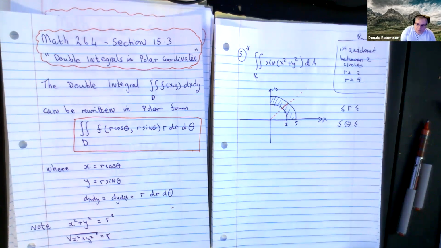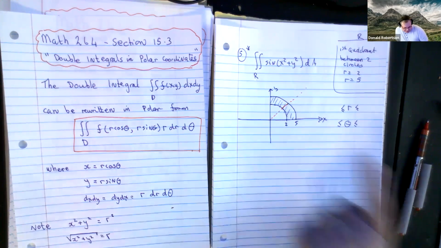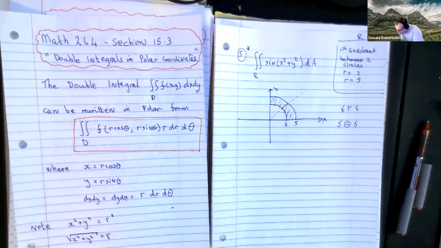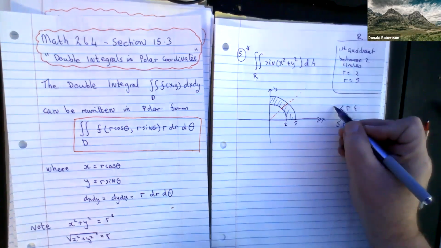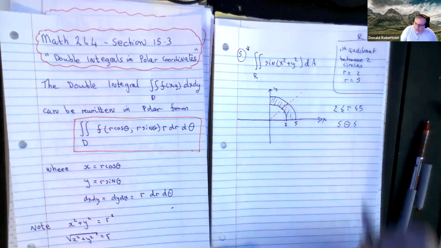Any takers? What is the range of r in this picture? We got one. Yep, Thomas, it's from 2 to 5.